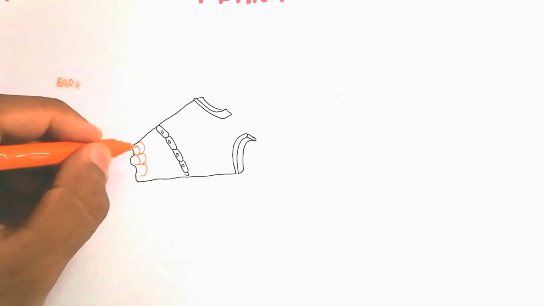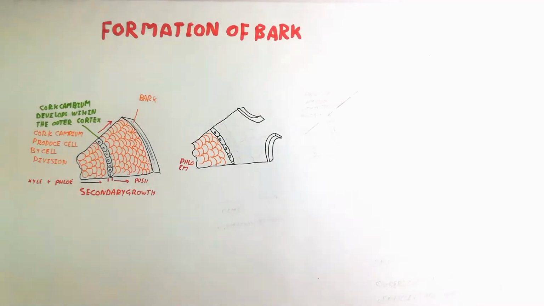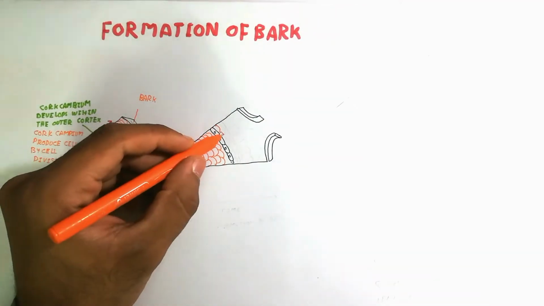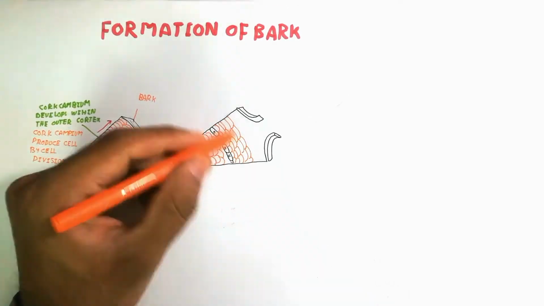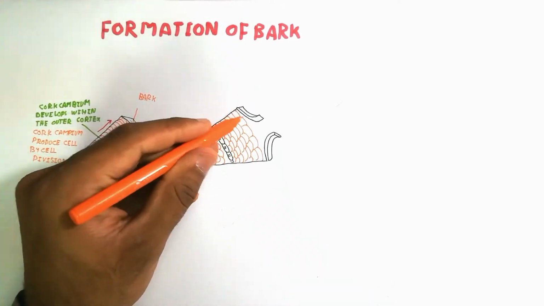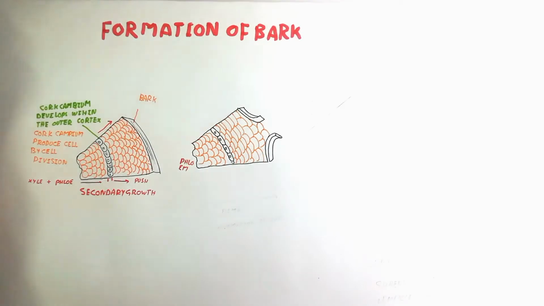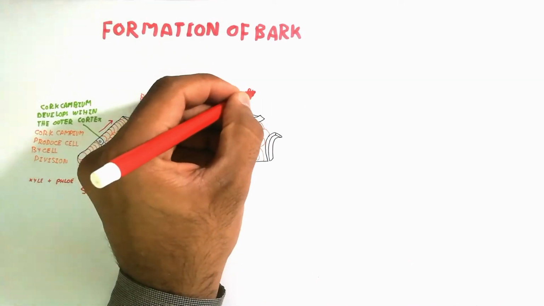The xylem and phloem will push their cambium outward, and that force ruptures the bark.